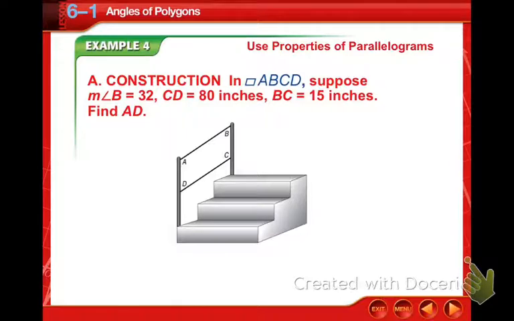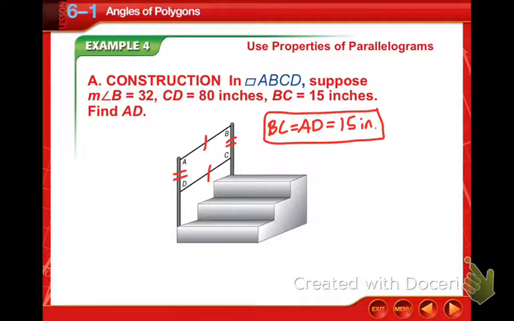The opposite sides are congruent. So this is congruent to that. This is congruent to this. So if we know what BC is, that means that AD, which is across from it, is the same thing. And that means that BC is equal to AD, which is equal to 15 inches. And boom, we're done. No calculation needed, just some knowledge of the properties.